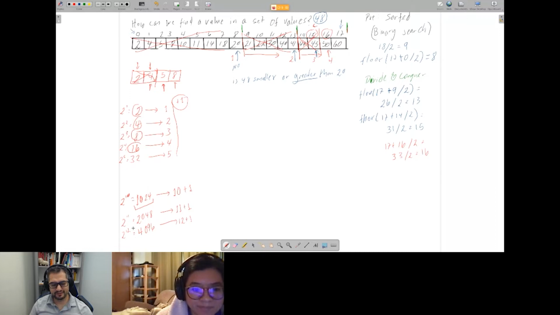The number of elements are doubling, but the number of checks that we need to do to find a value is just one more time. Because every single time we go through here, we can eliminate half of the values to look for. That is why binary search is a big deal.